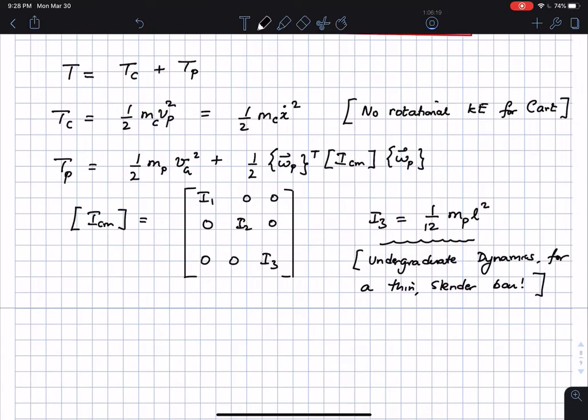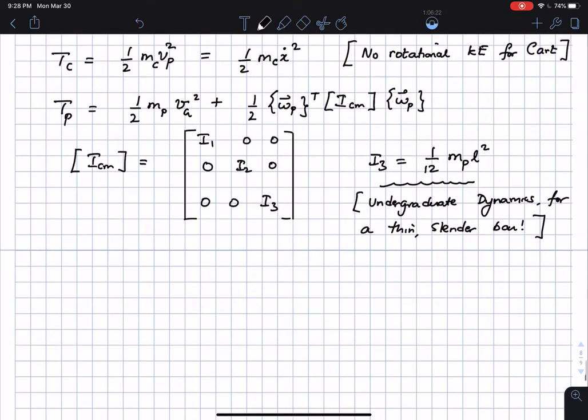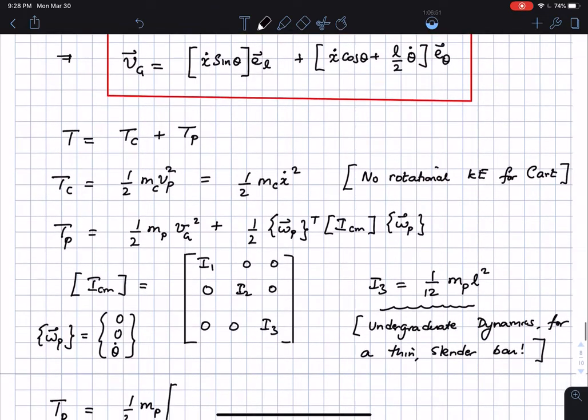Okay, all right. So omega of the pendulum, I'm going to snake that term in here. So omega of the pendulum, you can see that the pendulum rotation is in the z direction only. So this is going to be 0 0 and then theta dot. And so if I set everything up together, I get the following. So T of the pendulum is going to be half times m pendulum times velocity of the center of mass squared.